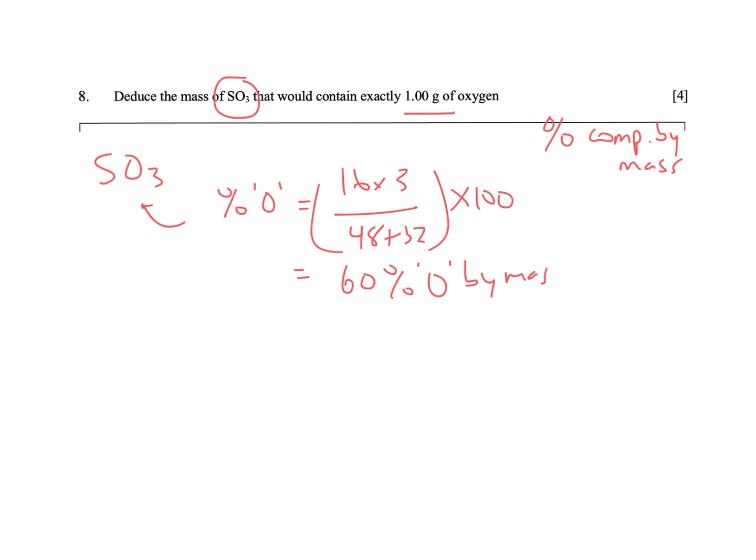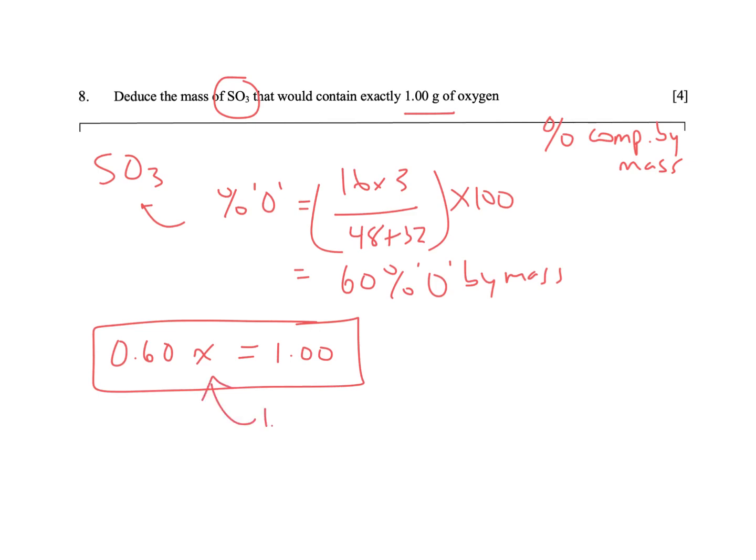Okay? So if you know it's 60% oxygen by mass, and you want to know what you need to get exactly 1 gram of oxygen, you're basically saying 60% of what will give you 1 gram. So I would set up a little equation like this, where I'm saying let x be the total mass.